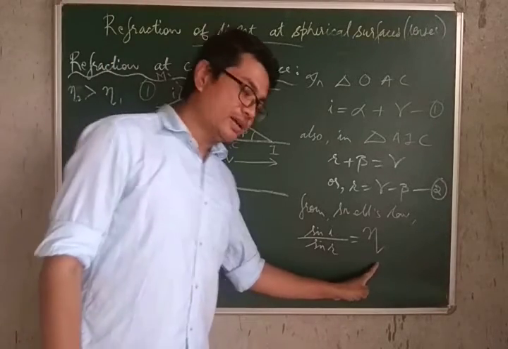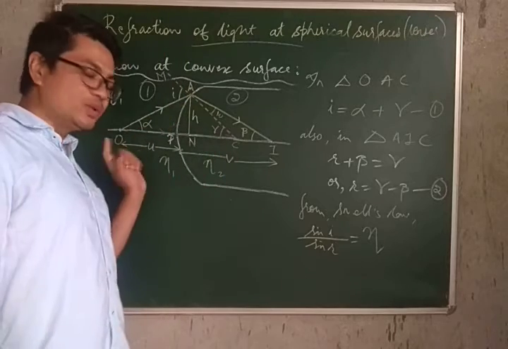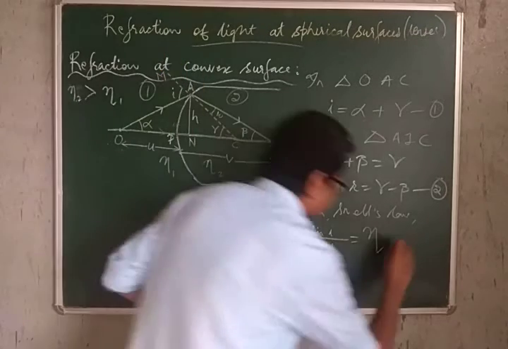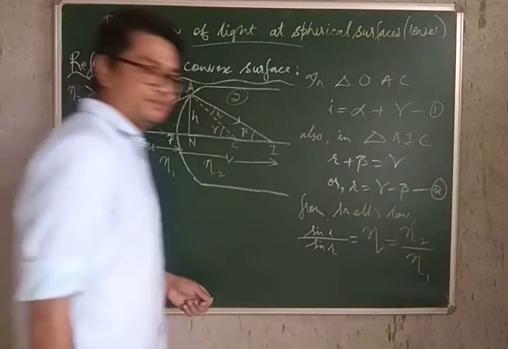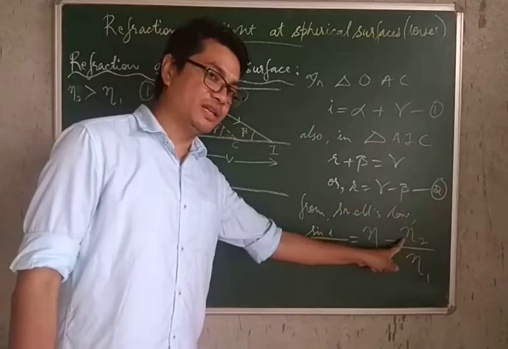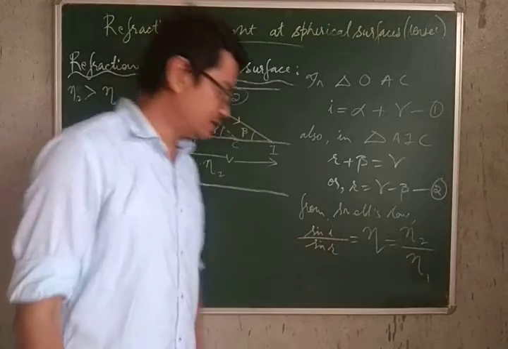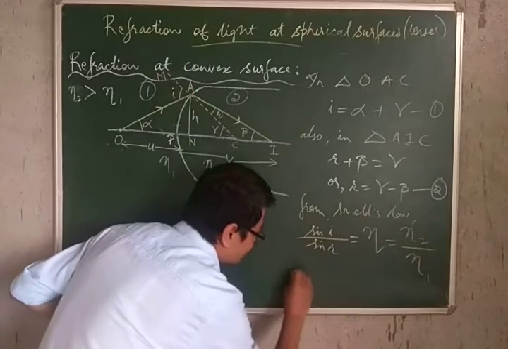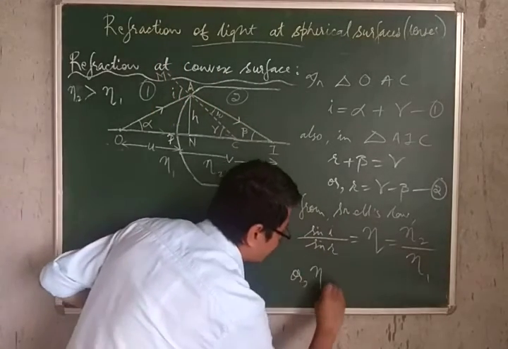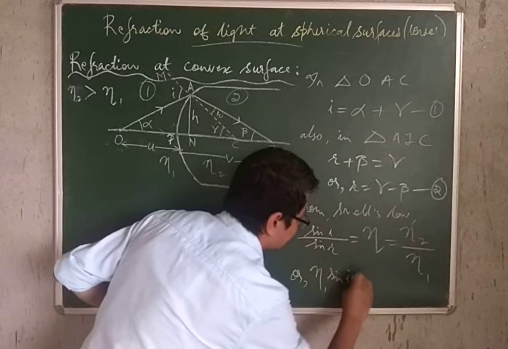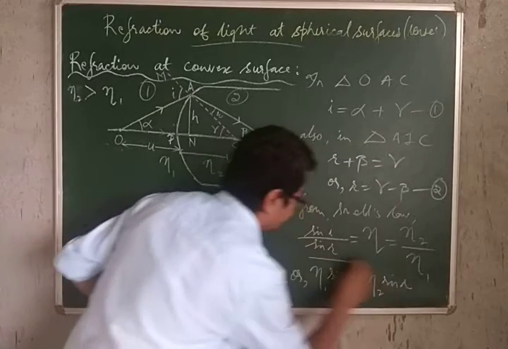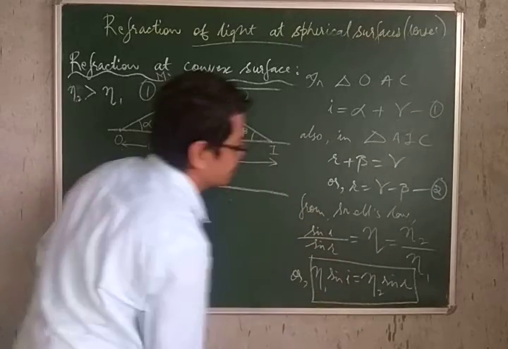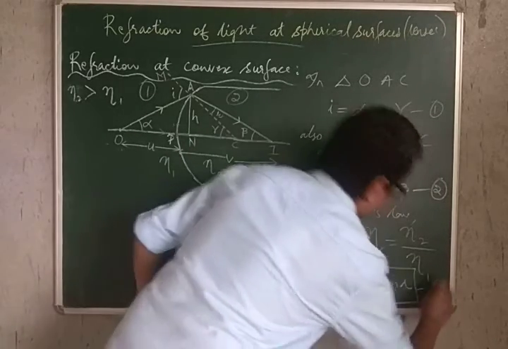So eta is the refractive index of the second medium with respect to the first, and this of course is equal to eta 2 by eta 1. Now this can be written as eta 1 sin I is equal to eta 2 sin R. This is my equation number 3.